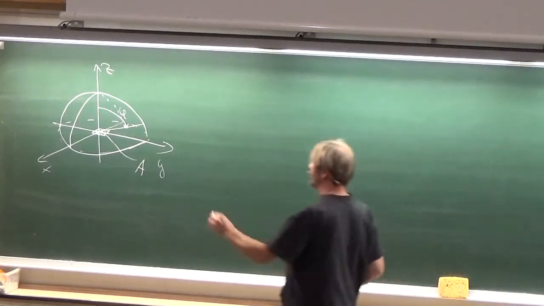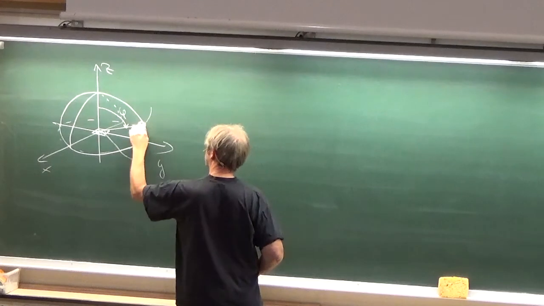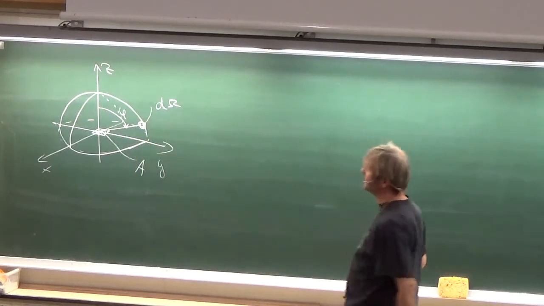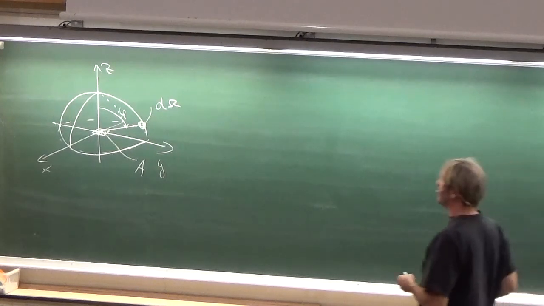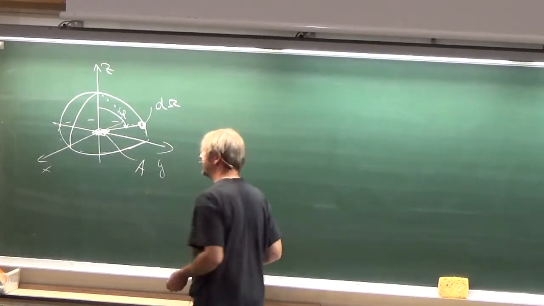Say we have a small part here, which has solid angle d omega, so that's the fraction of the full sphere multiplied by 4 pi. Then this black body radiates.